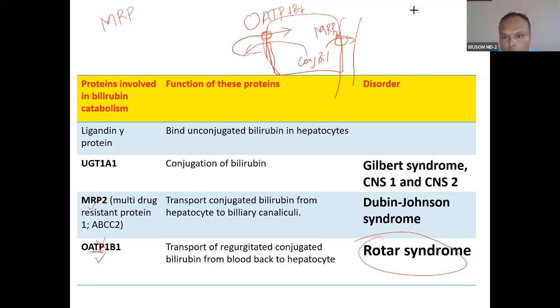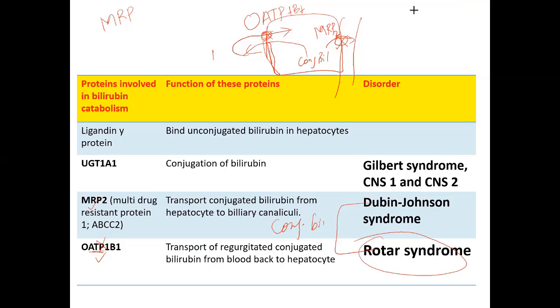And this is also a syndrome of conjugated bilirubin. Both are syndromes of conjugated bilirubin. In one, if it is damaged, bilirubin regurgitates and the regurgitated bilirubin will not come back. So which one will be more severe between the two, from this concept? Rotor syndrome? Not Rotor syndrome.